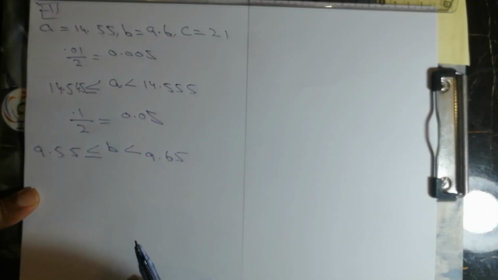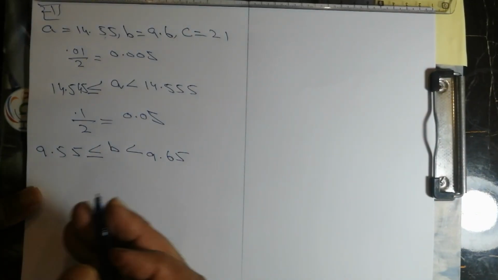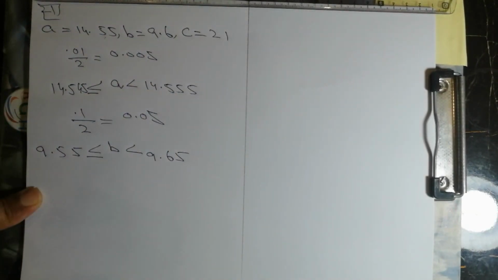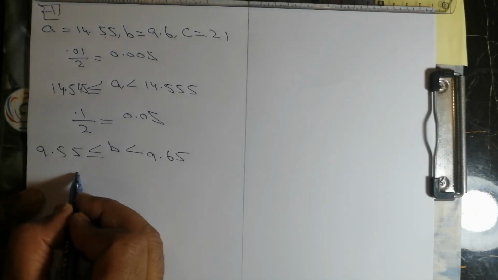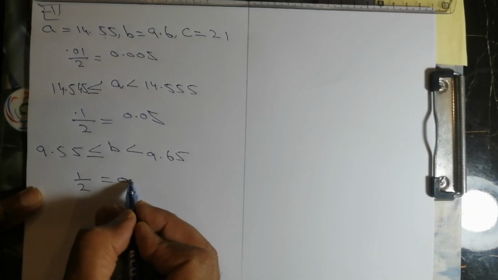For C, C equal to 21, this is rounded to the nearest whole number. For a whole number we take 1, because the difference is 1 divided by 2, this is 0.5.